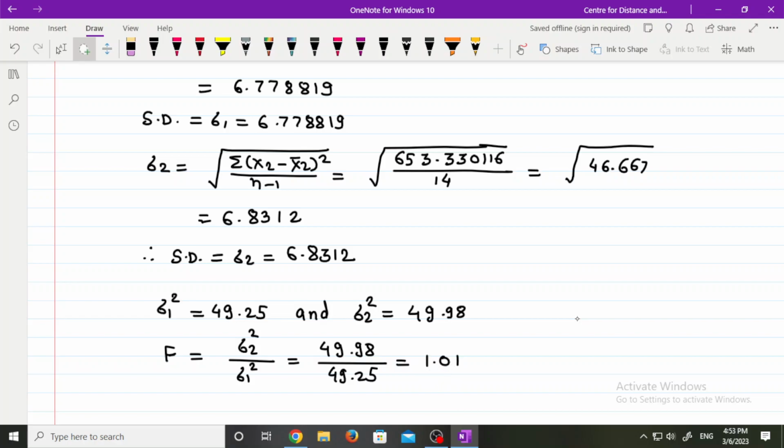Here we have taken the value of sigma 2 in the numerator and sigma 1 in the denominator to ensure that the calculated F is more than 1.